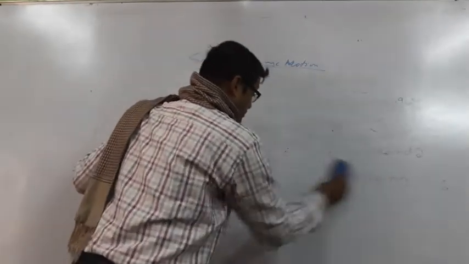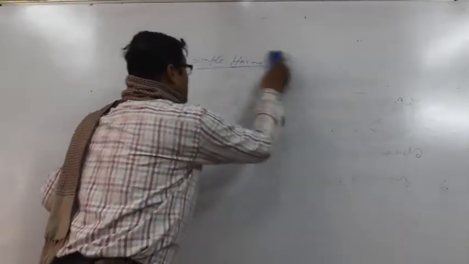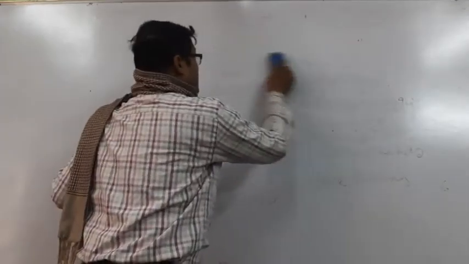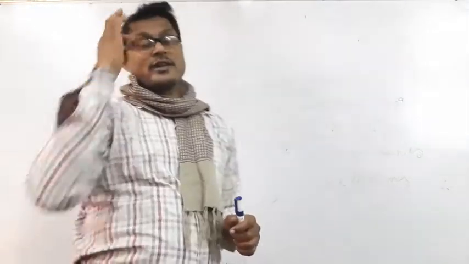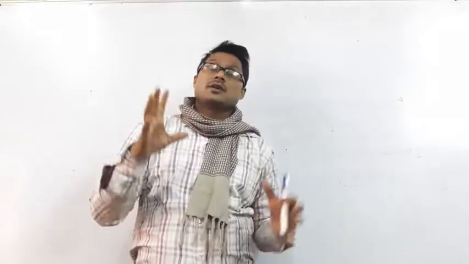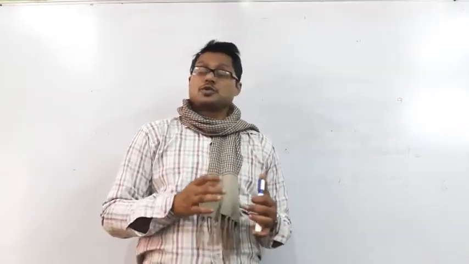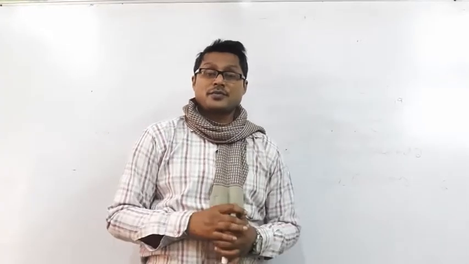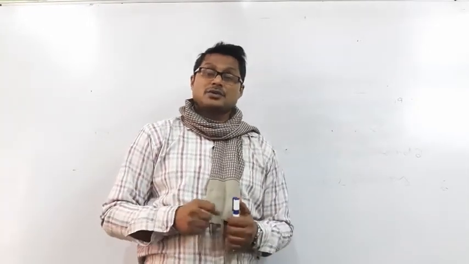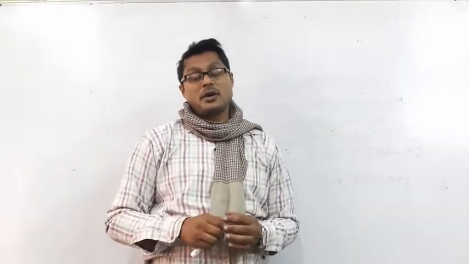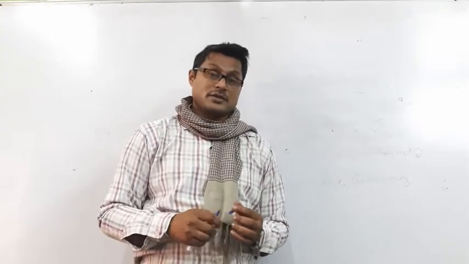Now, next thing, we have to establish one reference frame to discuss any kind of motion. Without a reference frame we cannot discuss anything. So we have to design a reference frame for different types of motion.